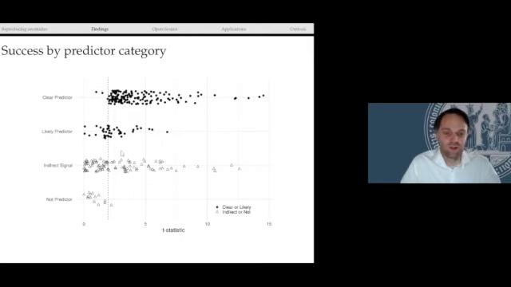The indirect signal category, remember, are the ones that have not been shown to predict returns, at least not directly. There's actually a bunch, about half of them, that predict returns pretty nicely. And then there's another half of them that have low t-statistics. And then there's the set of 14 variables that have been shown to not predict returns.